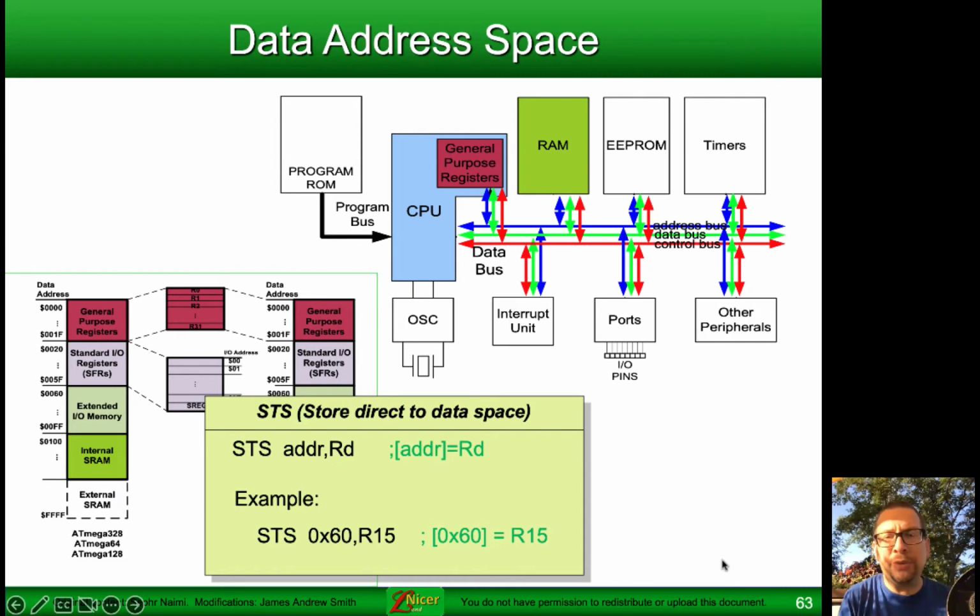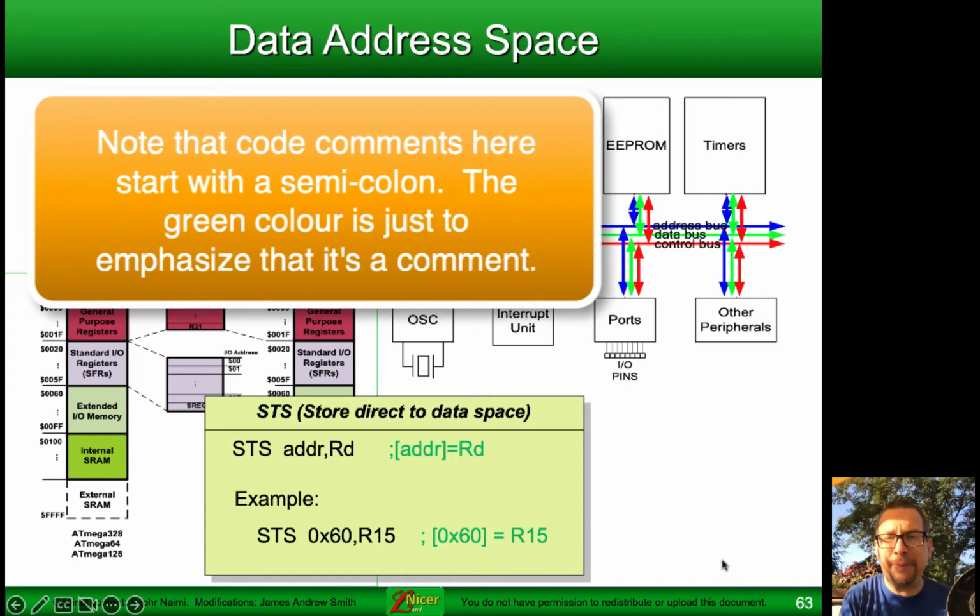We want to move the data that is in R15 into the address 60 in hexadecimal. We would say STS space 0x60, comma, R15. Once again, the text that's in green in here is a comment, so it's not operated on. It's there for your convenience.